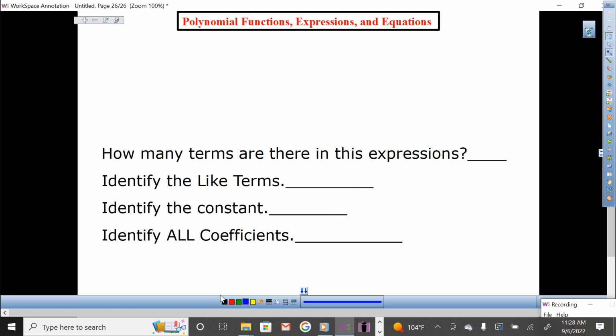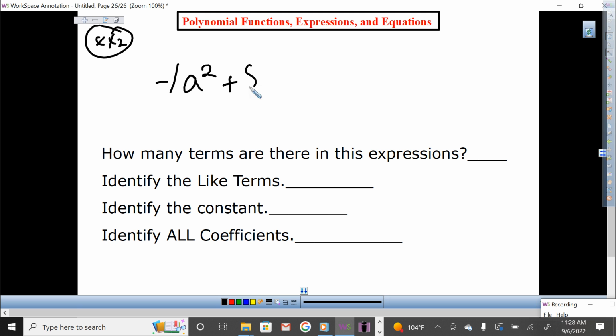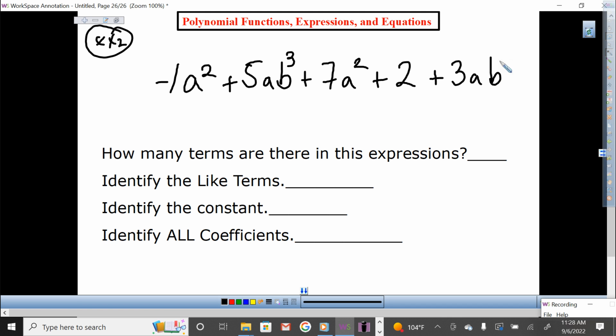Here we go. -1a squared plus 5ab cubed plus 7a squared plus 2 plus 3ab squared. See how you do with that one. I gave you a little challenge, but let's see how you do. Answer those questions using that expression, please.